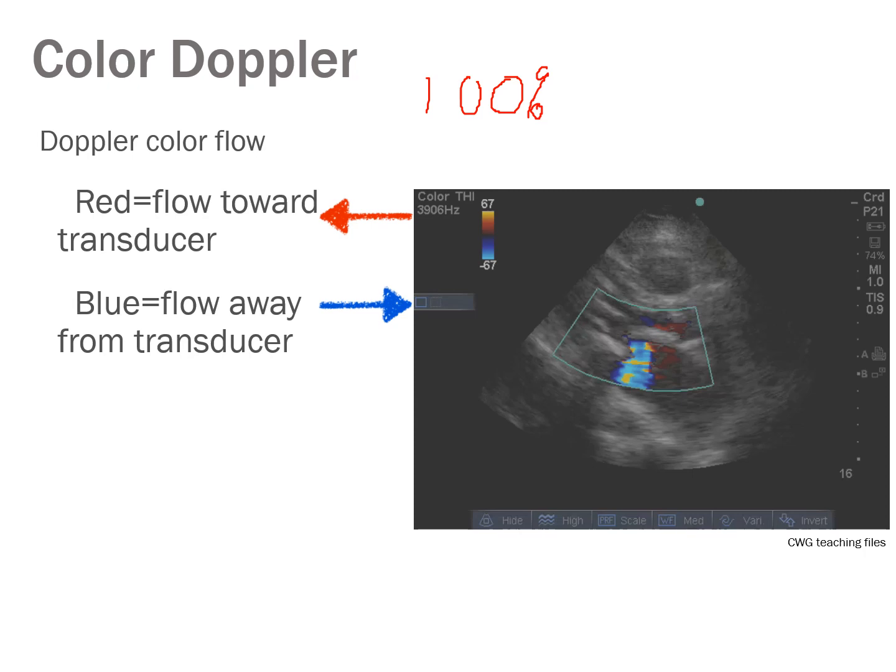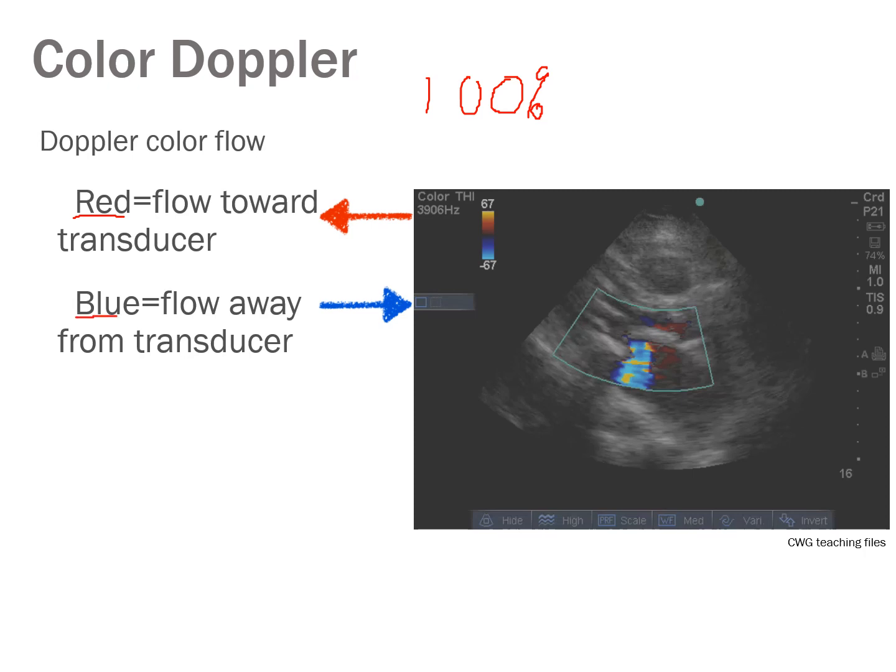So you only want to put Doppler on when you verify that you need to know that there's flow to something. And what you want to remember also is that the red is coming towards the probe because it's actually sound waves being compressed, like an ambulance getting closer to you has higher pitches because of the compression of sound waves.